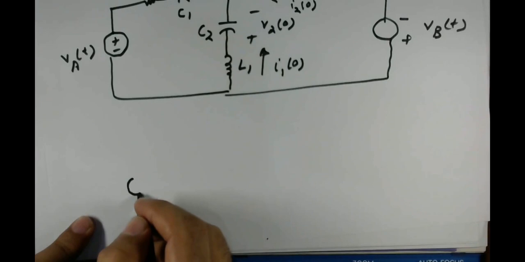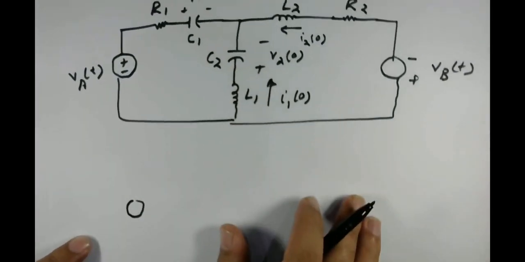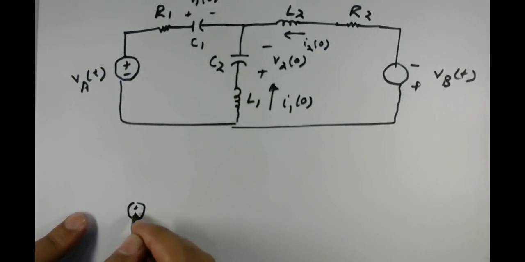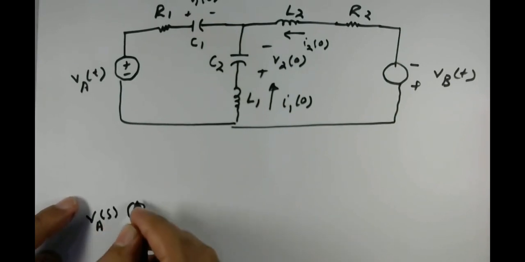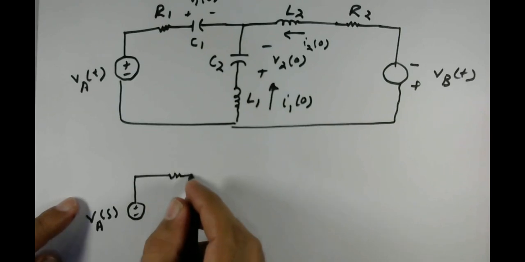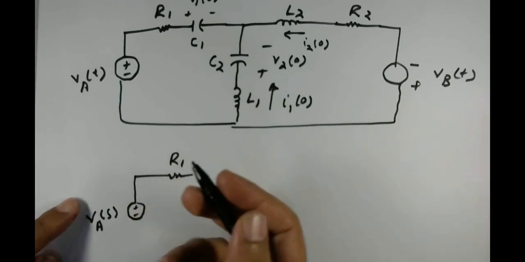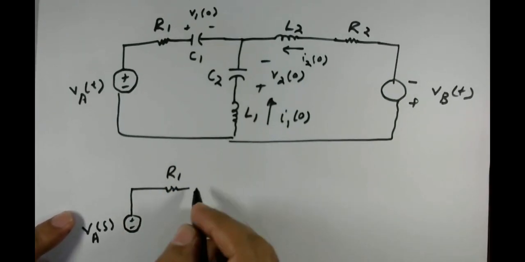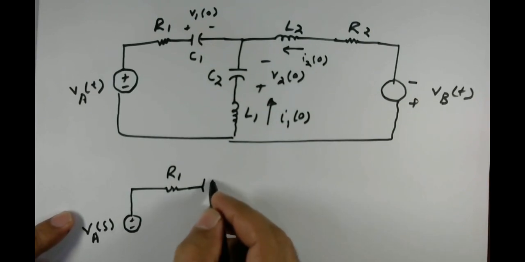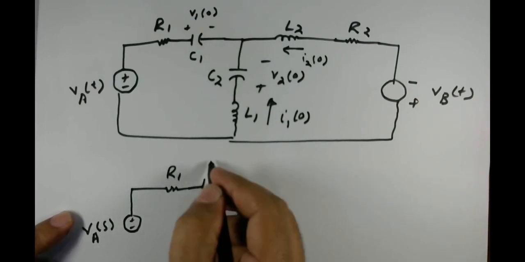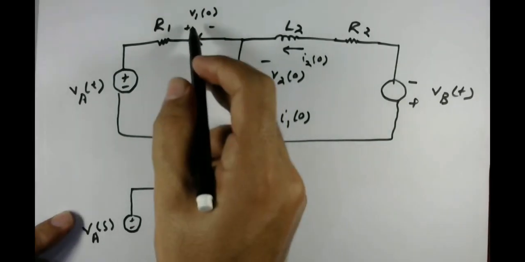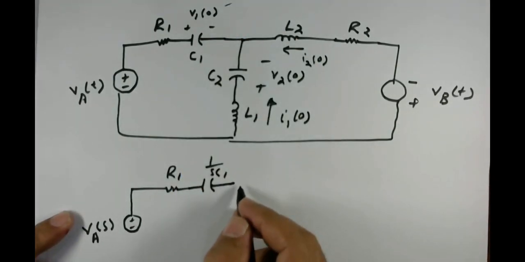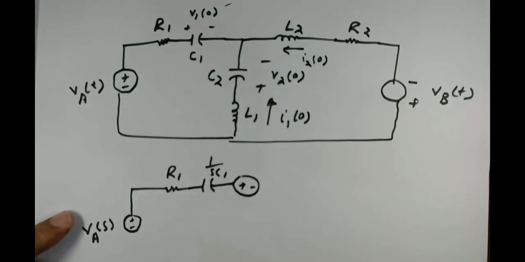I'll start from here. This source will be plus minus VA of S. Then this will be R1; nothing changes with R. Then you have a capacitor here, which becomes 1 by SC, the reactance of this capacitor. In series with it you have a voltage source.